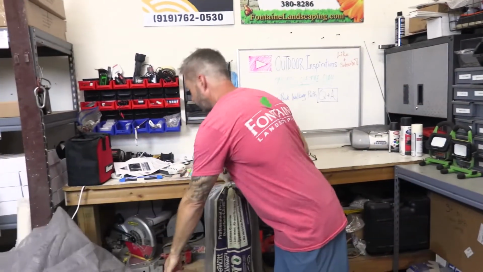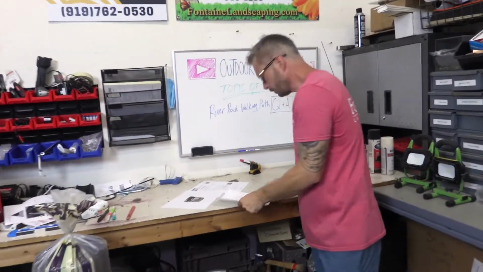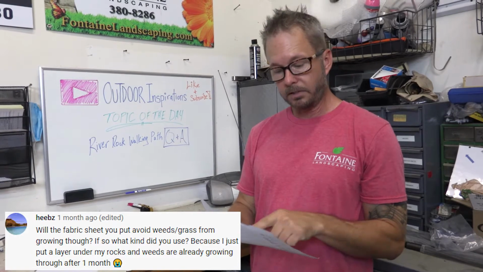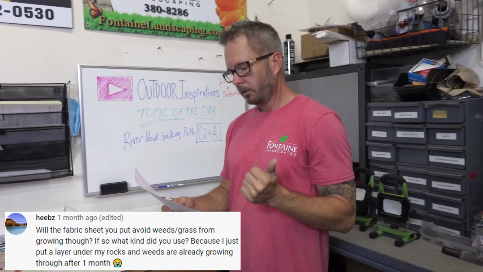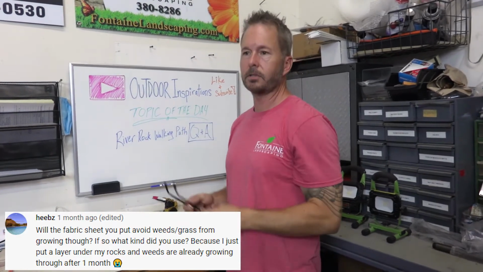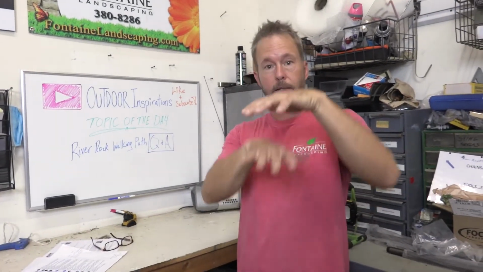All right, next question related to fabrics: will the fabric sheet you put down avoid weeds and grass from growing through? That's a little tricky. So yes, it does help, and depending on how much rock depth you have, that's going to help as well.